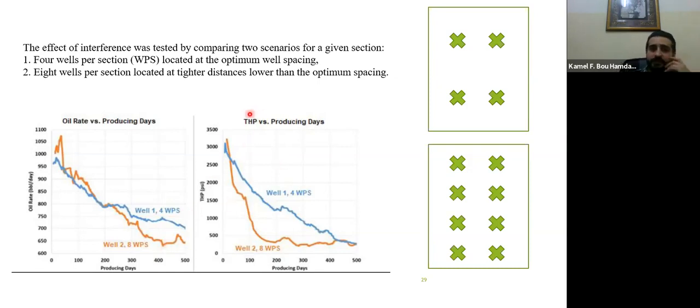If you look at the tubing head pressures with production days, for the blue case, you can see that the pressure is decreasing, but it's not decreasing as rapidly as the other case. So here it is decreasing, but still high. It can still support the production of hydrocarbons. However, the orange one over here drops to below 500 psi just before 200 days, and this, of course, is going to affect our production.